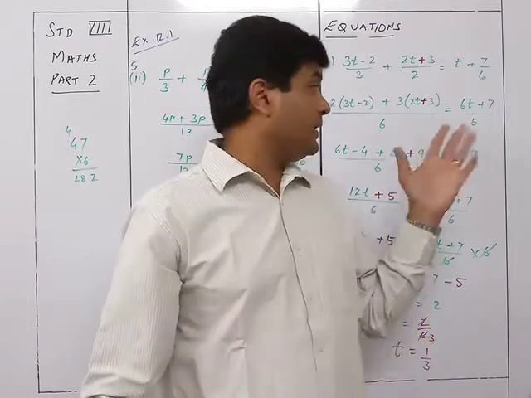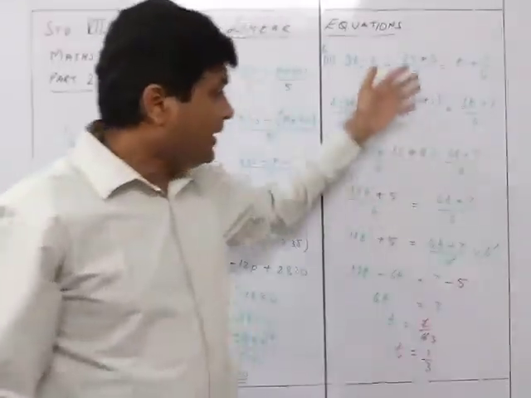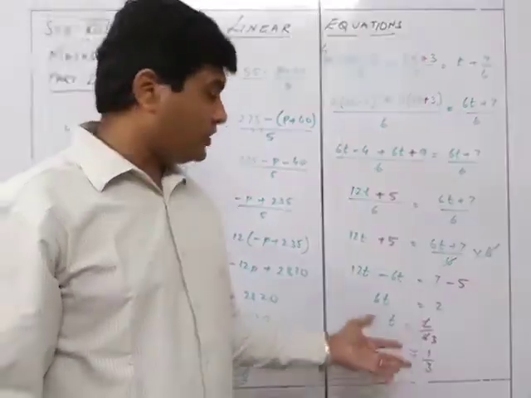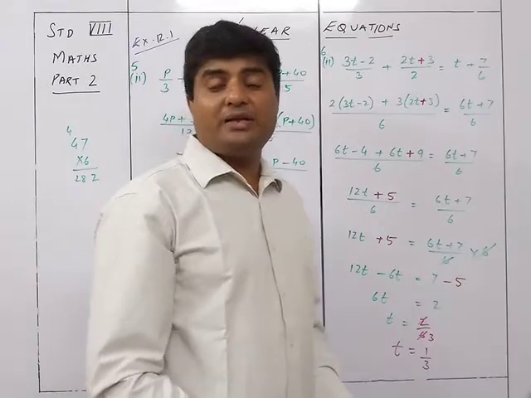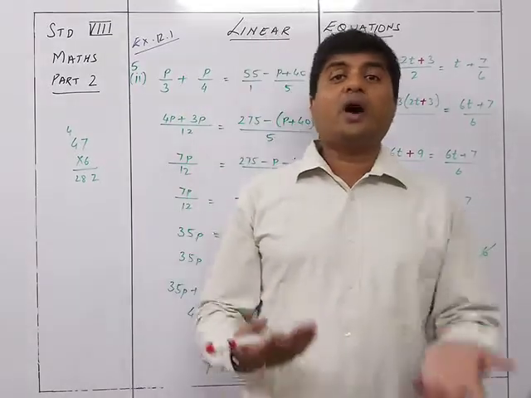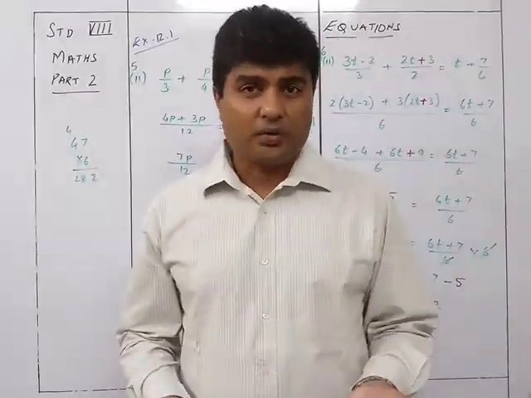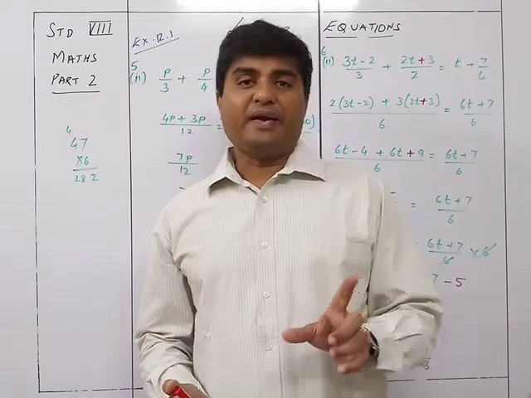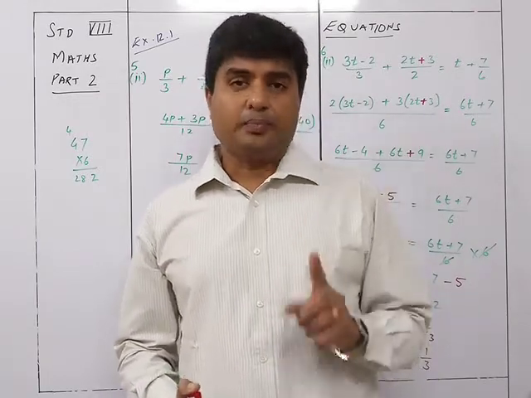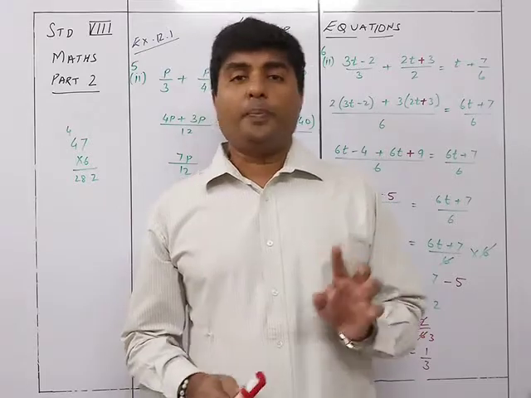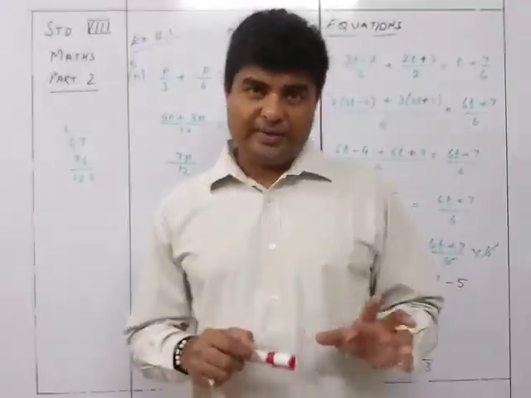I made a mistake over here that I did not check, and that's why, after solving the whole thing, I came to know the answer was wrong, but luckily I got the answers over here so I could check it. Otherwise, how will you know whether the answer is right or wrong? Right? So it's better that you check the sum properly once you have copied the sum for doing the solution.